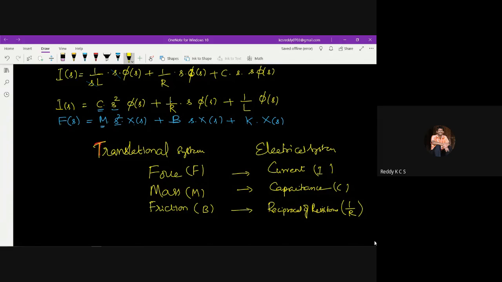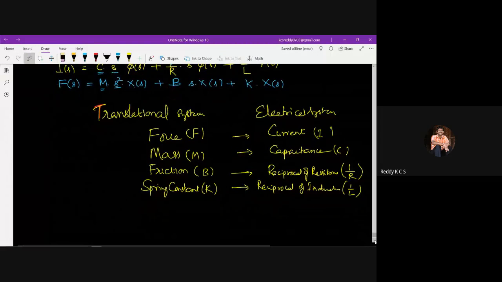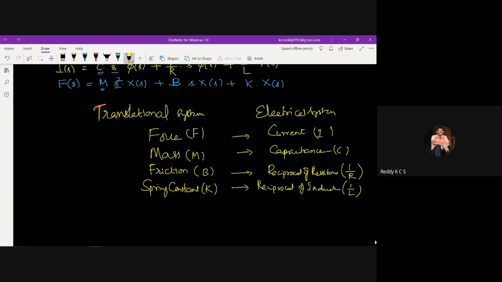Next, spring constant. That is K. If you look at it, it is the reciprocal of inductance, so that is nothing but 1 by L. Now, if you look at the displacement here, x of s, in the electrical terminology, this is x of s or x of t, you can write.